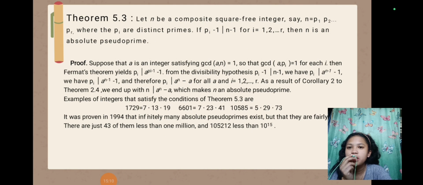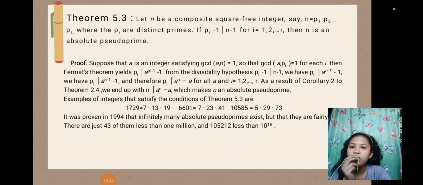From the divisibility hypothesis p_i − 1 divides n − 1, we have p_i divides a^(n−1) − 1, and therefore p_i divides a^n − a for all a, and i = 1, 2, ..., r.